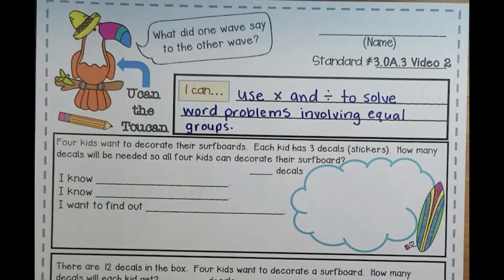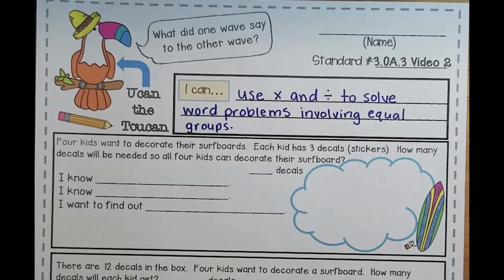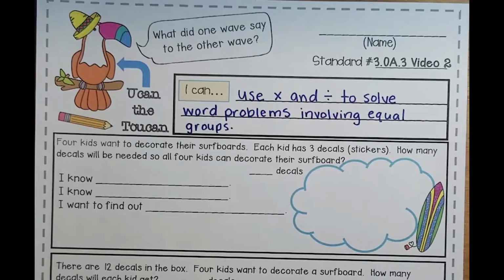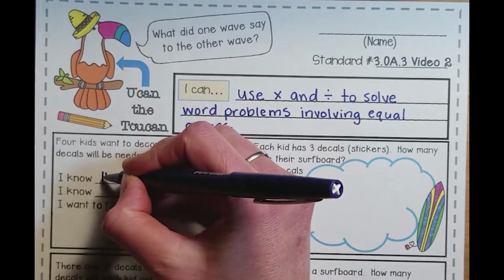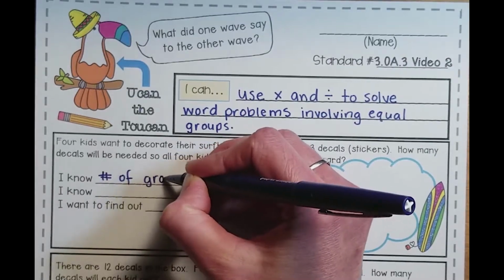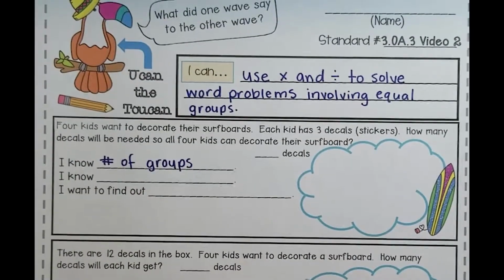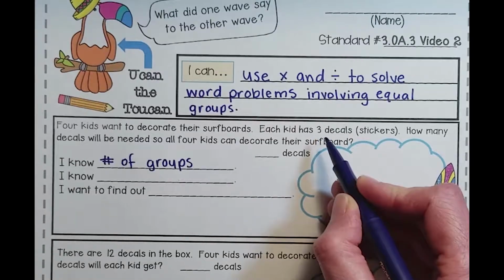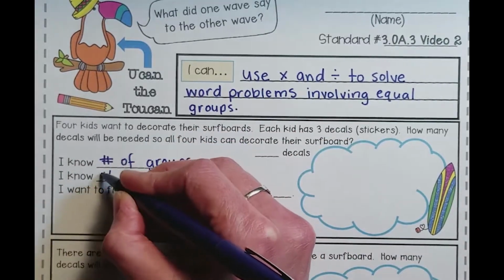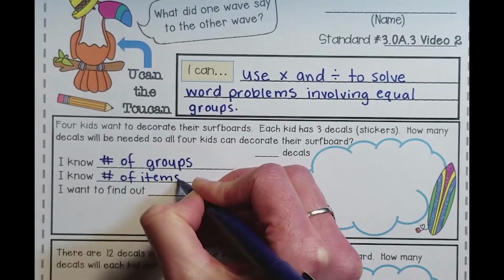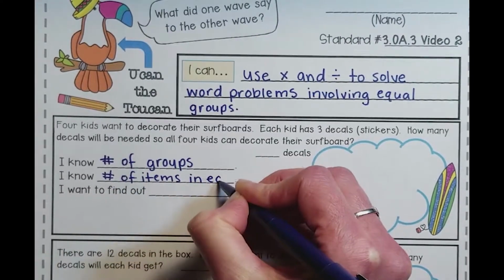So, did you give it a shot on your own? You know that there's 4 kids that want to decorate their surfboards, so you know the number of groups. There's 4 kids. You also know that each kid has 3 decals. So you also know the number of items in each group.